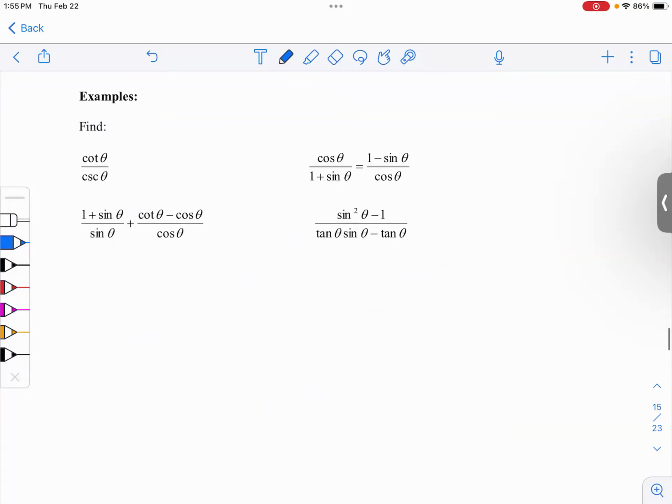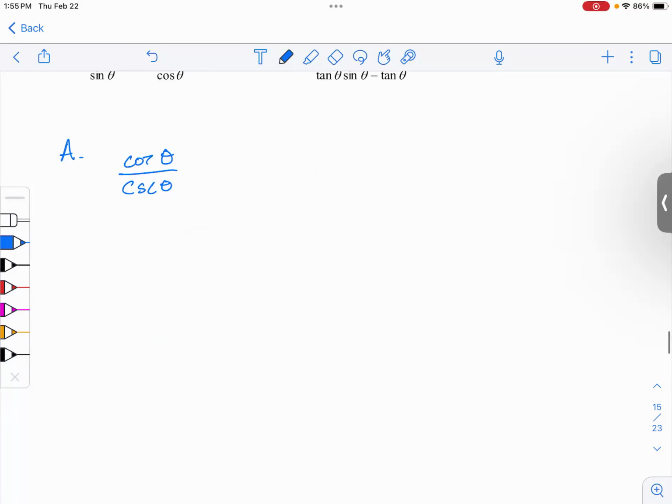Okay, let's look at some examples. So our goal is always to simplify, right? Establishing an identity is showing one side equals the other, but most of the time we just want to simplify to something that makes more sense.